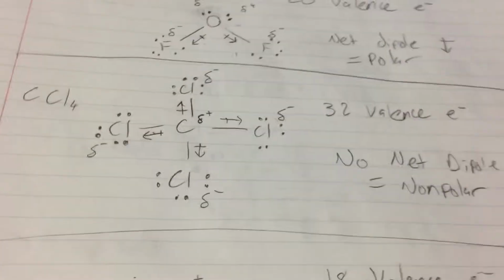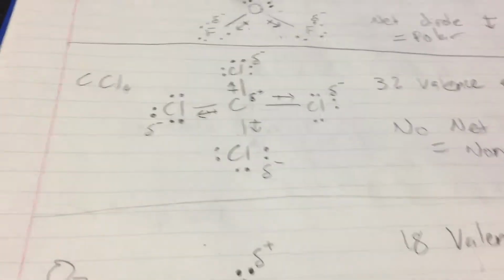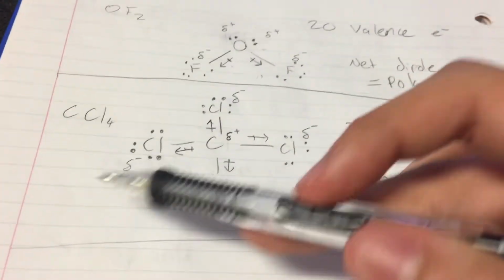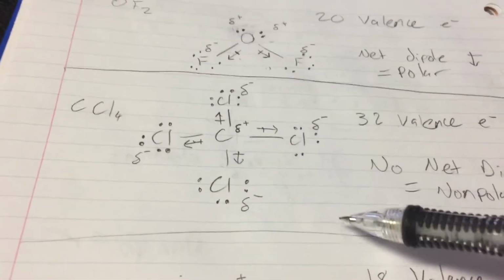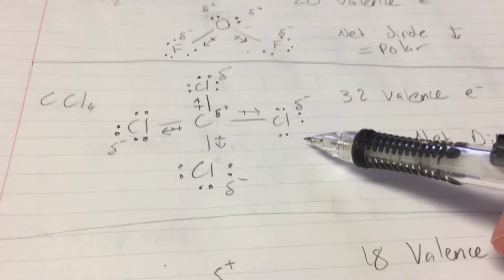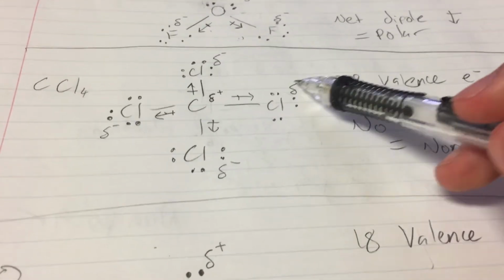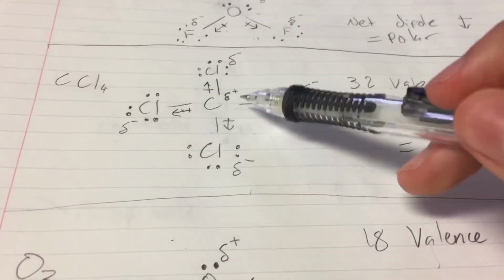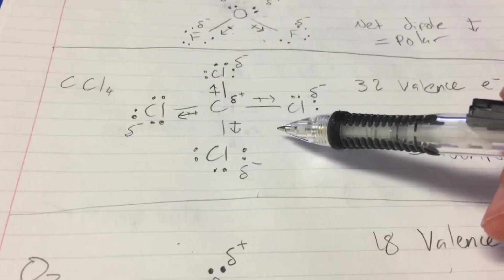The next molecule is CCl4. It has 32 valence electrons, 8 around each chlorine, and 8 shared with the carbon. Once again, chlorine is the more electronegative atom, so it's notated as delta negative, negative, negative, negative, and the carbon is delta positive.